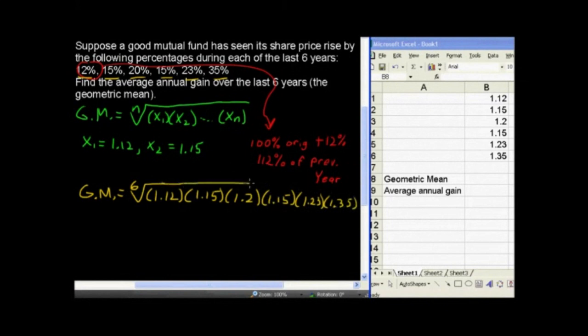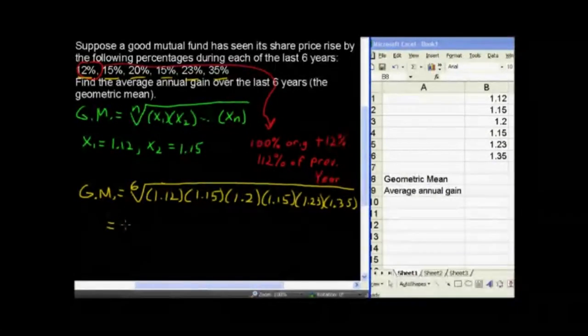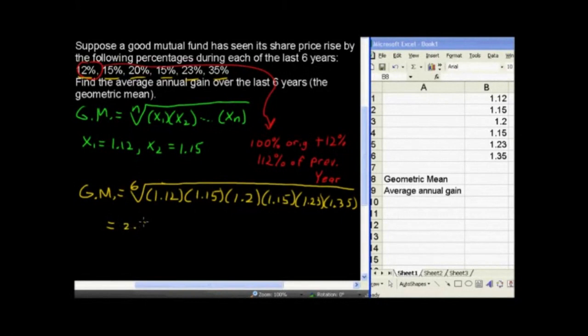All right, 6th root of that entire product. And this 6th root can also be written as a rational exponent. So the product of all of these raised to the 1/6 power. The product of those is 2.951439, rounding at some point there.